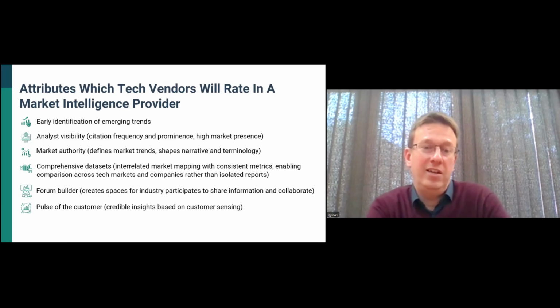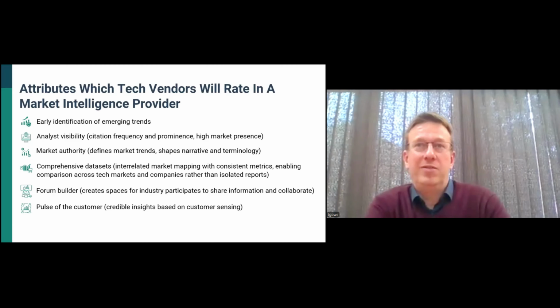I think you also need analyst houses that have decent authority. You can rely on what they're saying. They have good methodologies, and that authority helps them define market trends, and even shape the narrative and potentially the terminology.